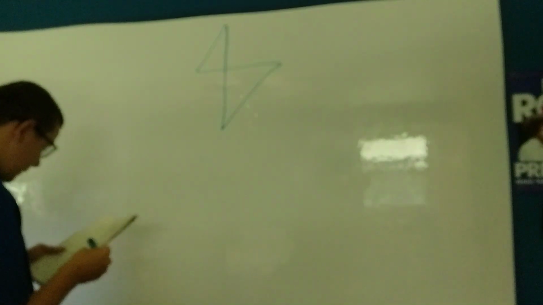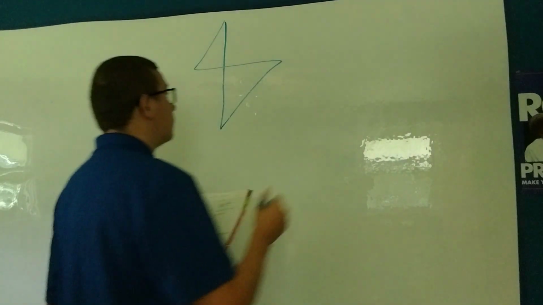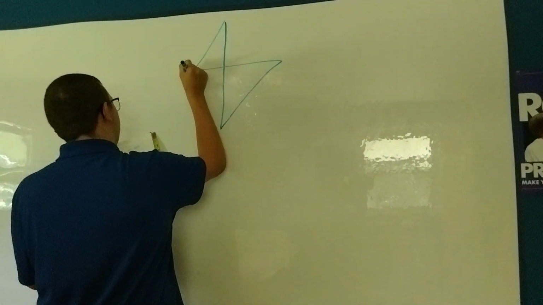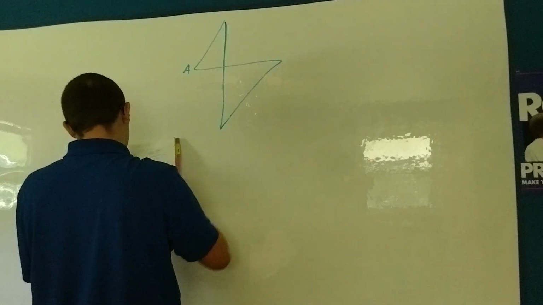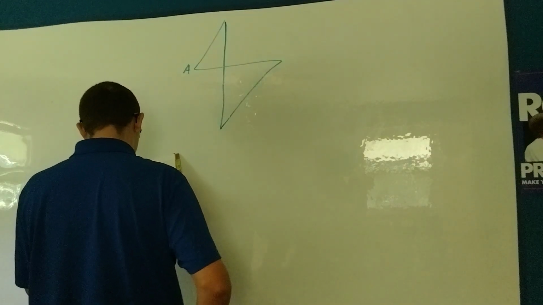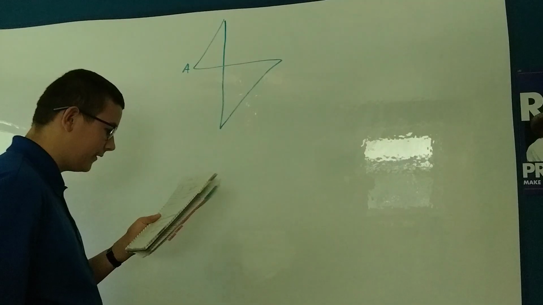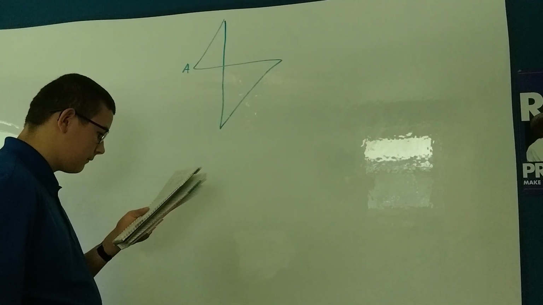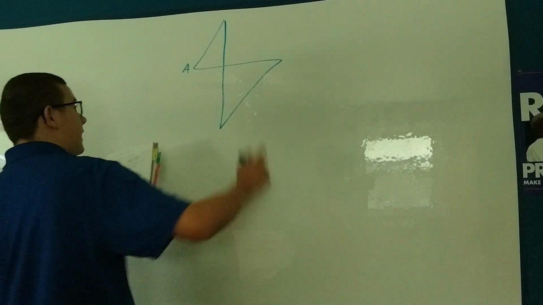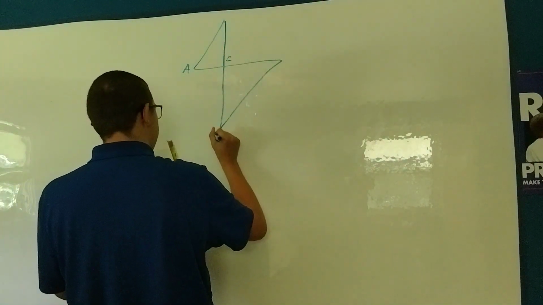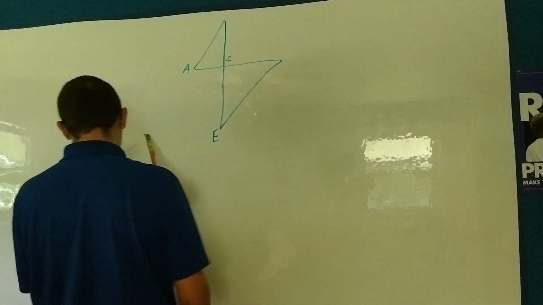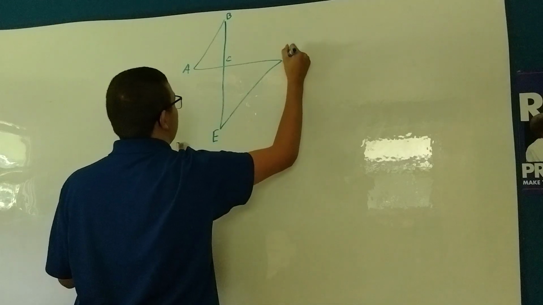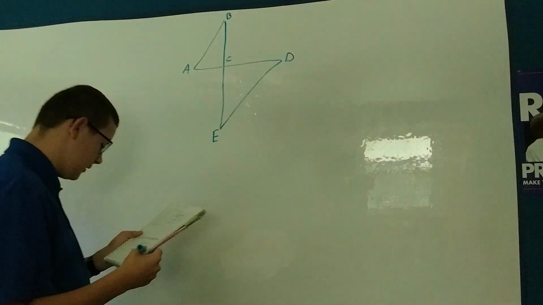Like that. First let me label this. Shoot. I put D for both of these on here. I don't know, A, C, E. We'll just call this B up here. A, B, C. This is D, E.